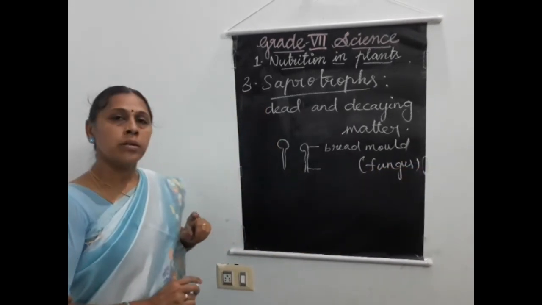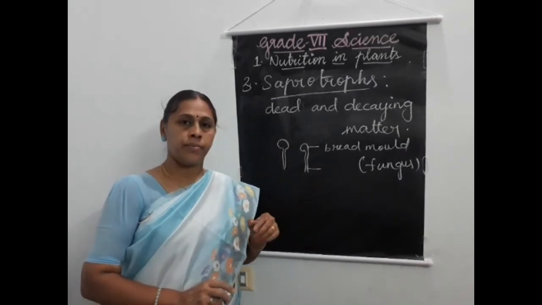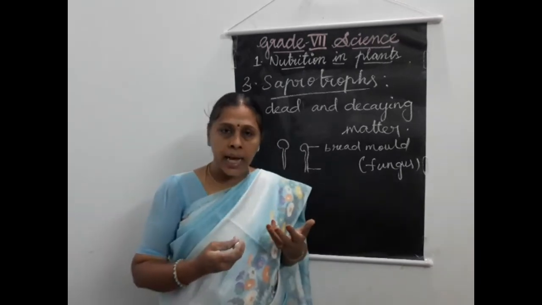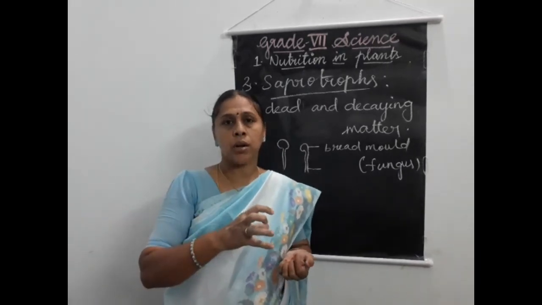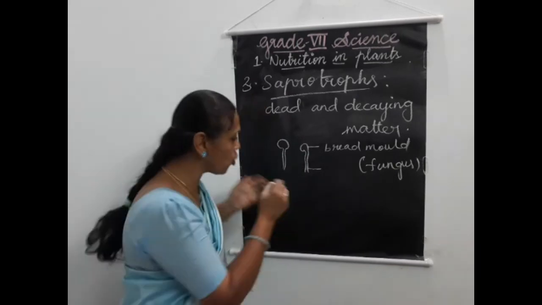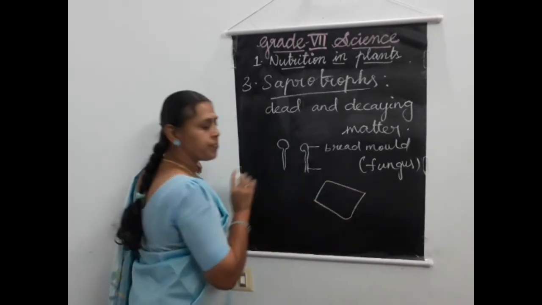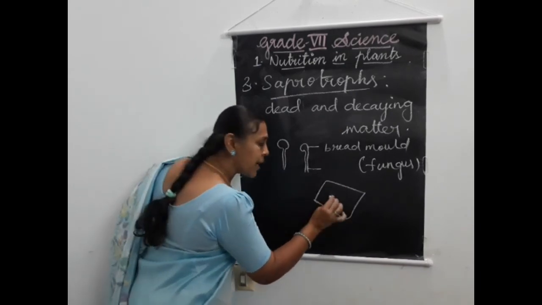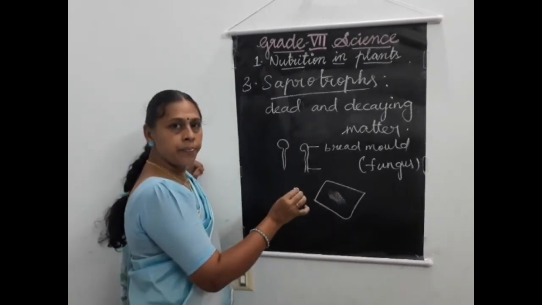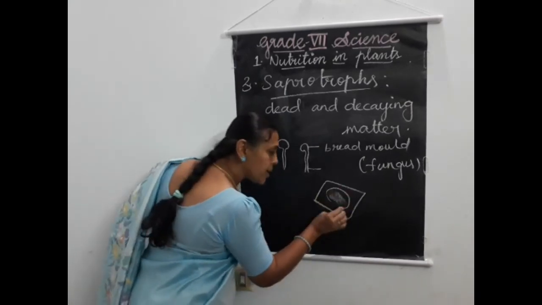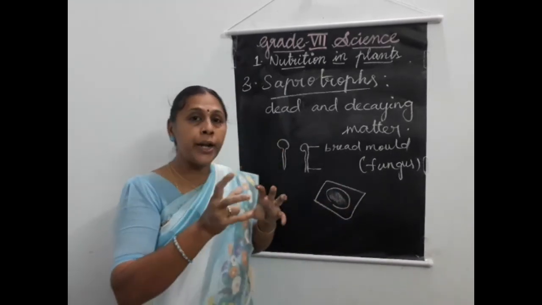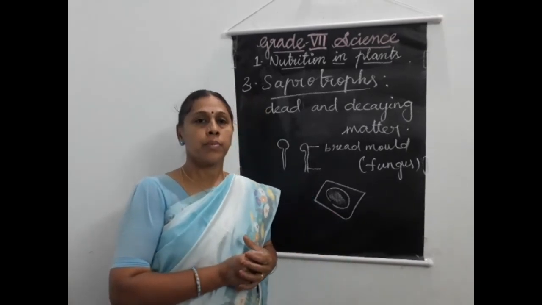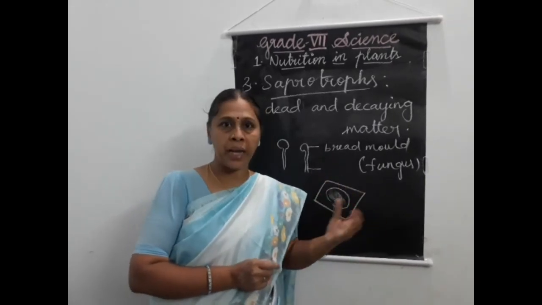Bread mold or fungus will secrete some enzymes, a liquid-like substance, on the substratum on which it grows. For example, if this is a slice of bread, they will secrete a liquid-like substance and it will make this solid into a soluble, liquid form. You can see that watery content coming out.